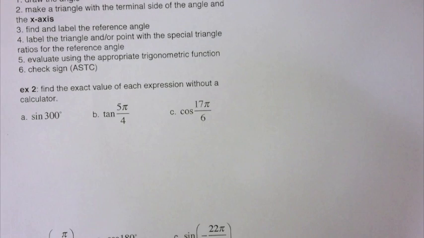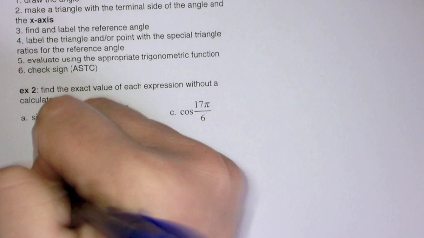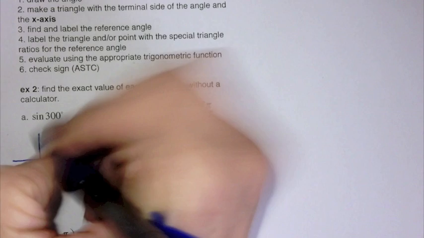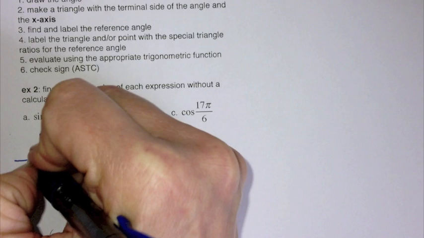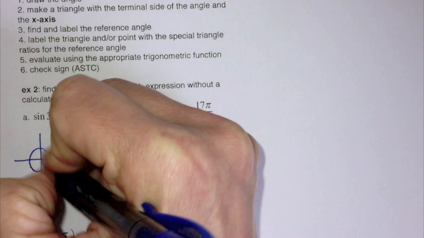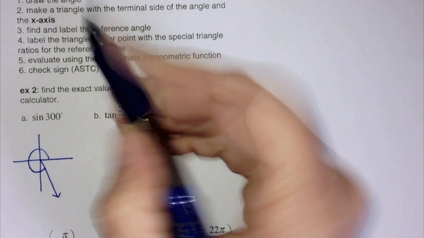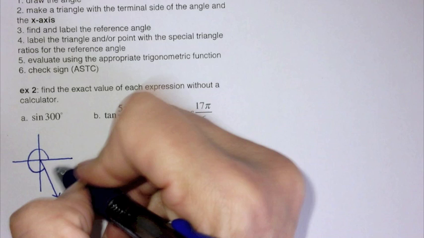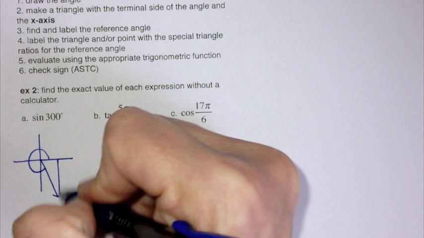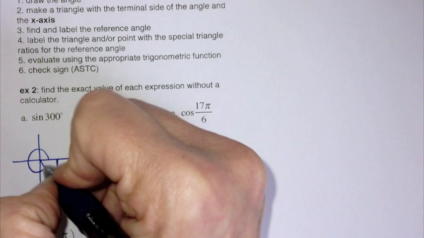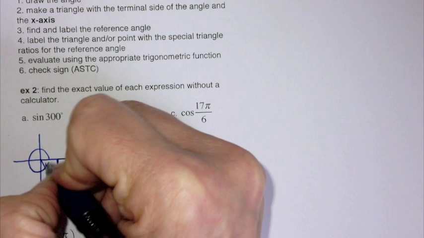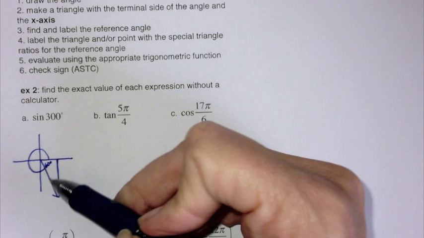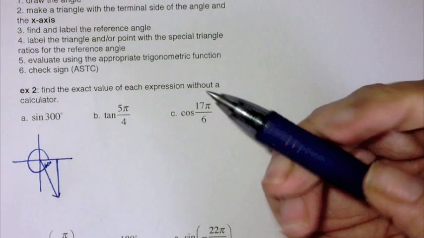So the sine of 300 degrees, I'm going to draw a 300 degree angle, so 90, 180, 270, 30 degrees past. So this said to draw the angle and then make the triangle with the x-axis and then label your reference angle. So if I went 30 degrees past, that is the reference angle, the terminal side and the x-axis.